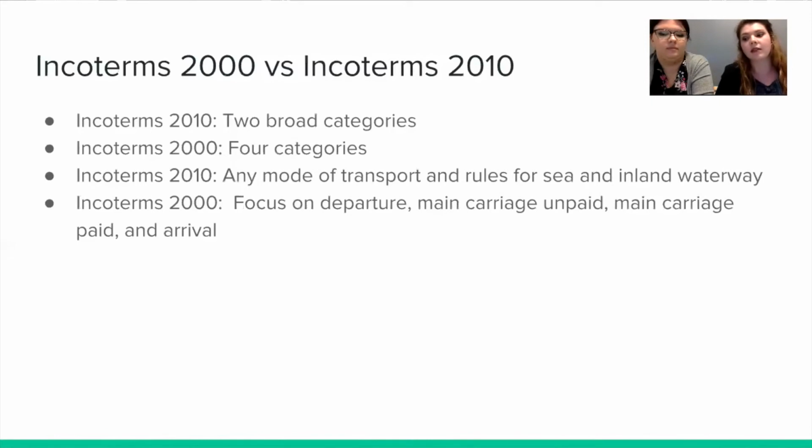Incoterms 2000 focuses on departure, main carriage unpaid, main carriage paid, and the arrival. The Incoterms 2000 refers to the ship's rail as the reference point of delivery, while Incoterms 2010 provides that delivery happens when goods are on board the vessel to reflect commercial practices.